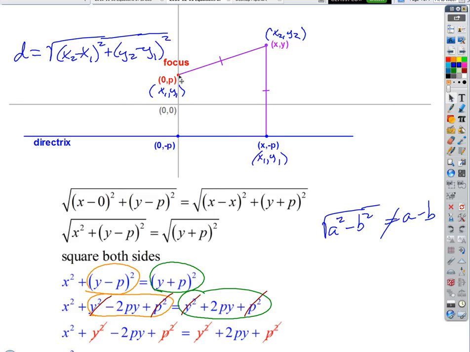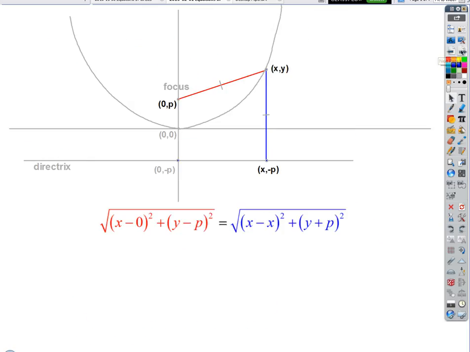It's still a good equation, but we chose to do this in such a way that the vertex of the parabola, the point of the parabola, so to speak, was where? Was at 0, 0? Yeah.